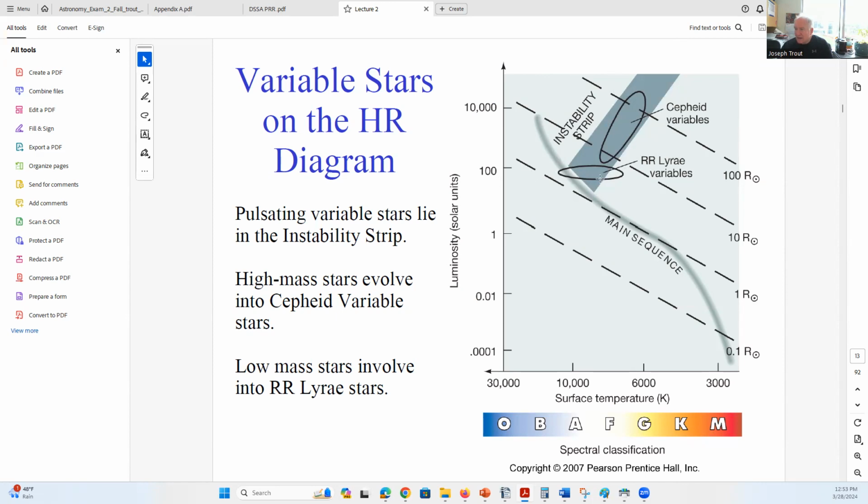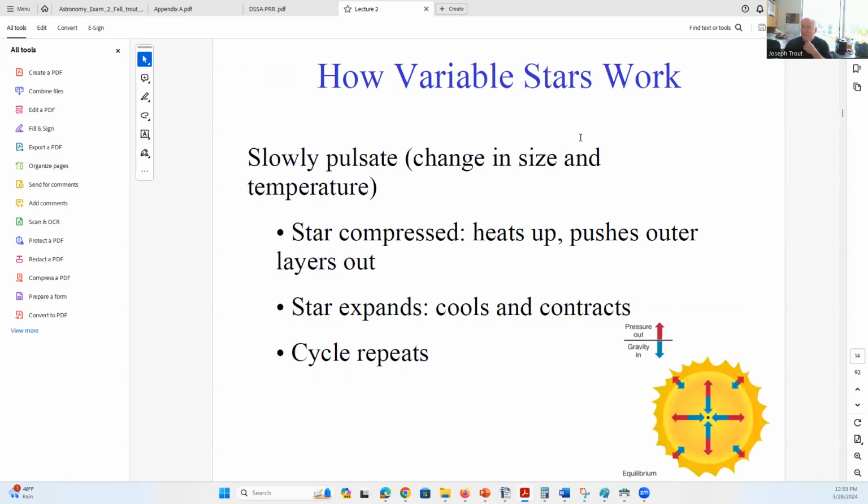They're at least 100 times the brightness of the Earth, because if you remember, we called the Earth 1 and its temperature was 600. And it's a class G star. So it's about 100 times to 10,000 times brighter than our sun. And the high mass stars evolve into Cepheid variable stars, and the low mass stars into RR Lyrae stars.